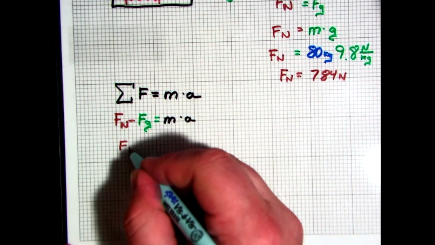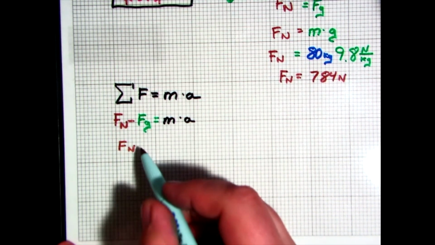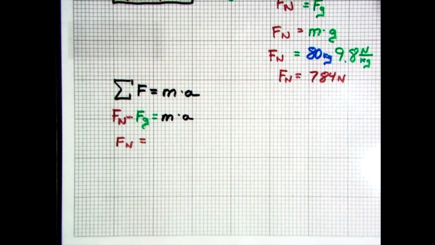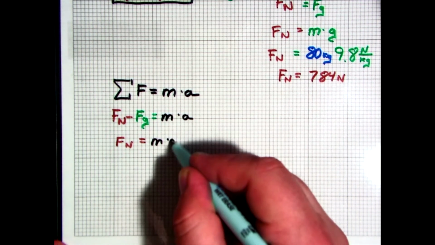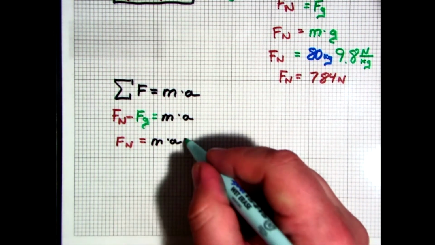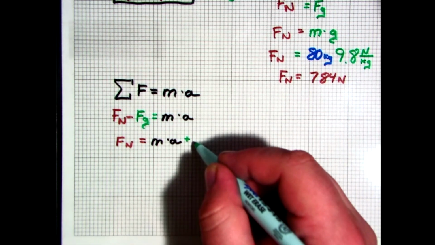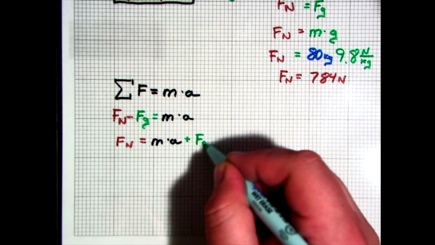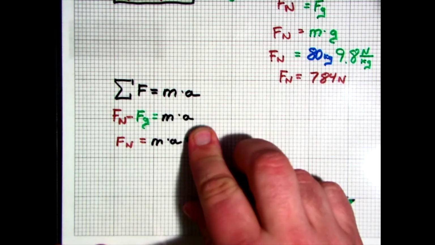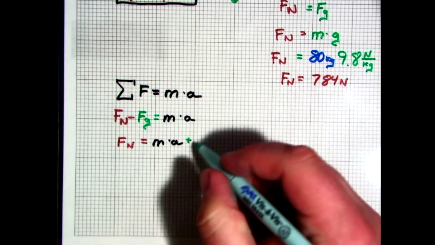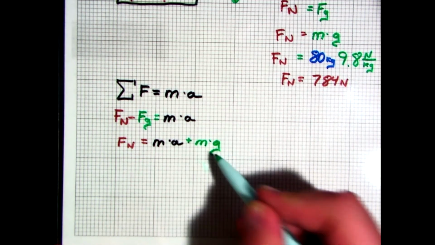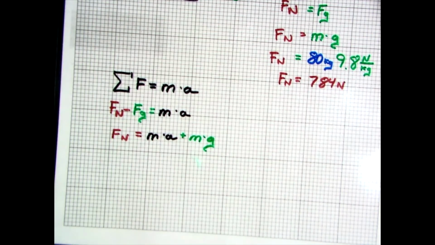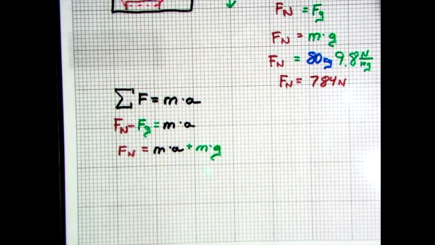Rearranging the algebra a little bit so we can put force normal by itself and add the force of gravity over to the other side, we get mass times acceleration plus the force due to gravity. Now, the force due to gravity, of course, is going to be the mass of the little dude times the strength of Earth's gravitational field.